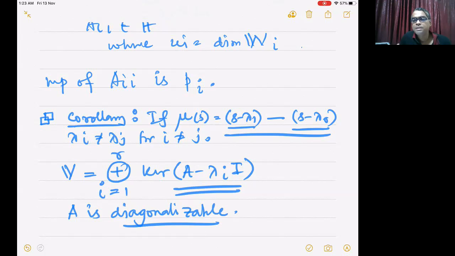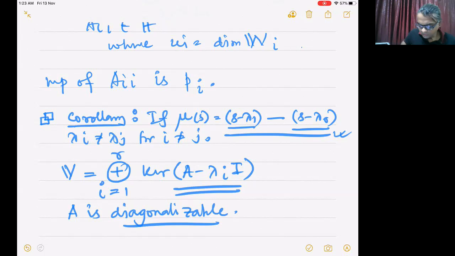On the other hand, if the operator is diagonalizable, then its minimal polynomial is of this form. So this in fact is an if and only if condition. Earlier we had seen that algebraic multiplicity equal to geometric multiplicity is necessary and sufficient for diagonalizability. Here is another equivalent condition added to that.